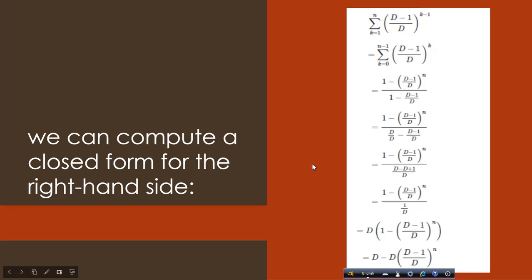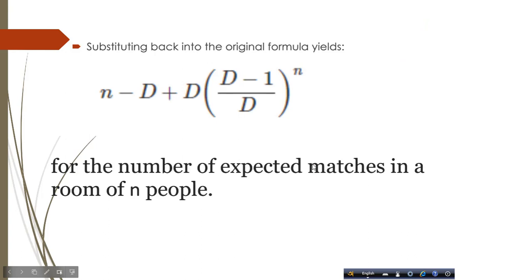So substituting back into the original formula, n minus d plus d times ((d minus 1) over d) to the power n is the number of expected matches in a room of n people.